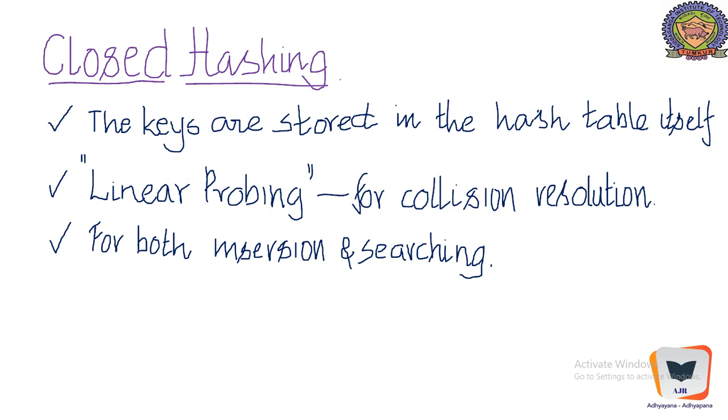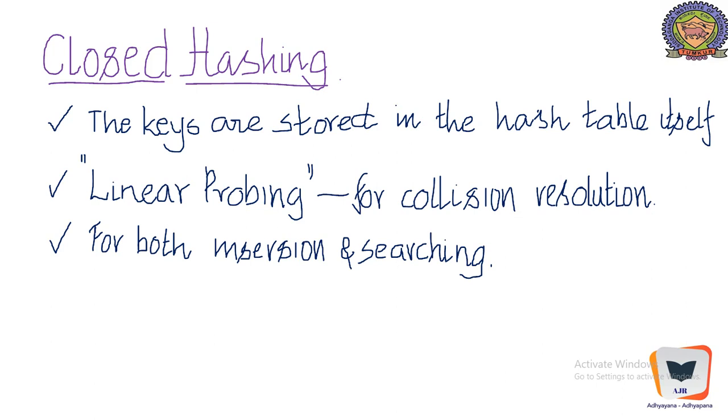Different strategies can be employed for collision resolution. The simplest one is called linear probing. As per this method, whenever a key is to be inserted, it checks the cell following the one where the collision occurs. If that cell is empty, the new key is installed there. If the next cell is already occupied, the availability of the cell's immediate successor is checked.